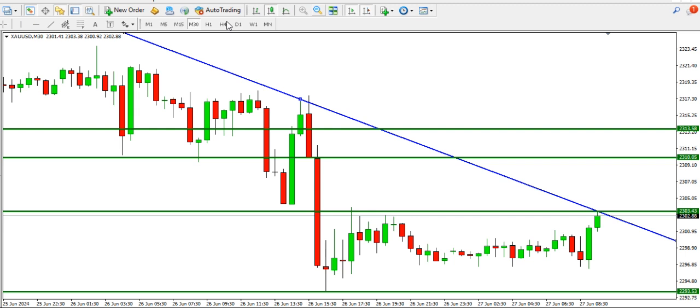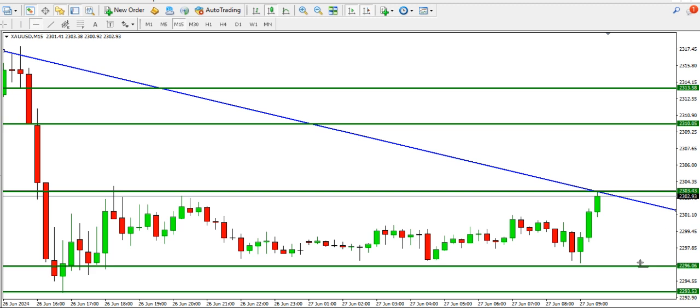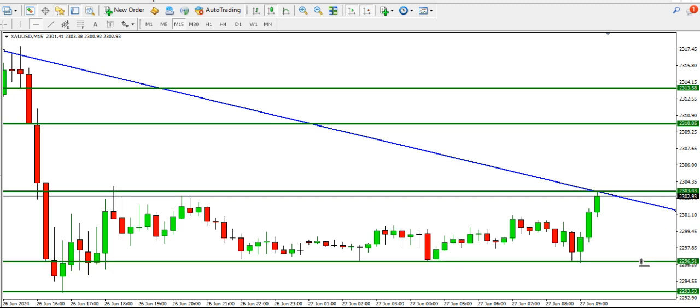So on the 15 minutes time frame, price is still ranging at the range top. Price is now at the range top, so if price drops, it might likely drop to the range bottom. The first inner range bottom is at 2296, and the outer range bottom is at 2293.